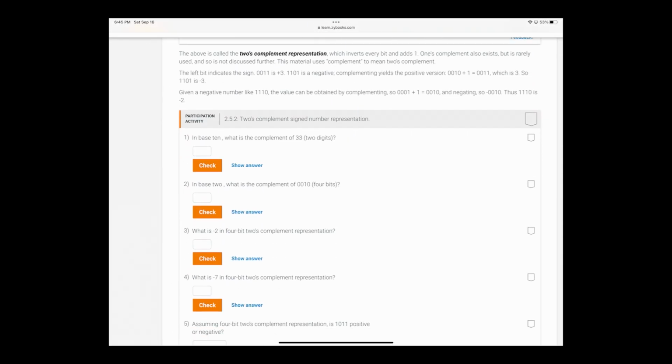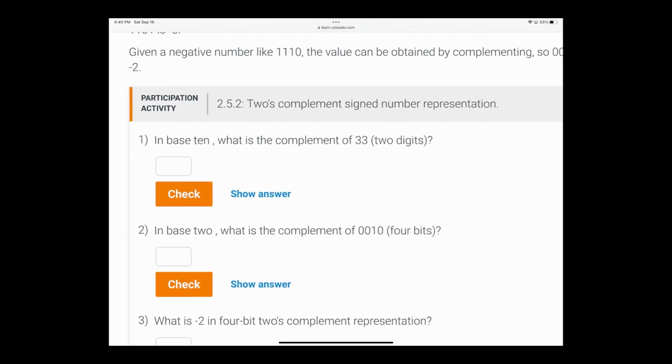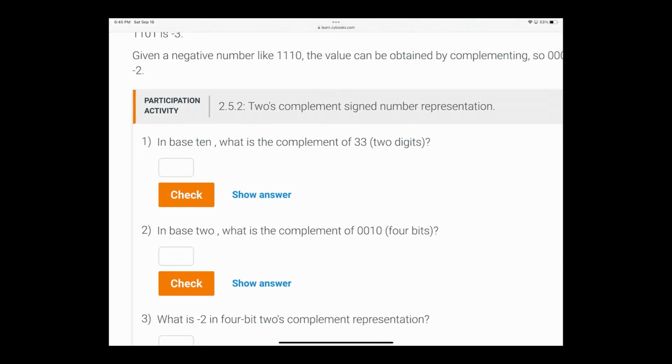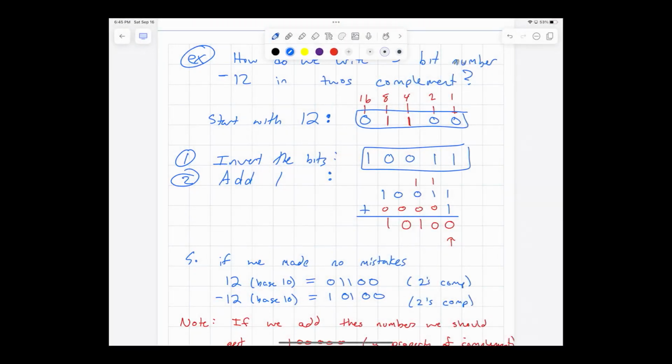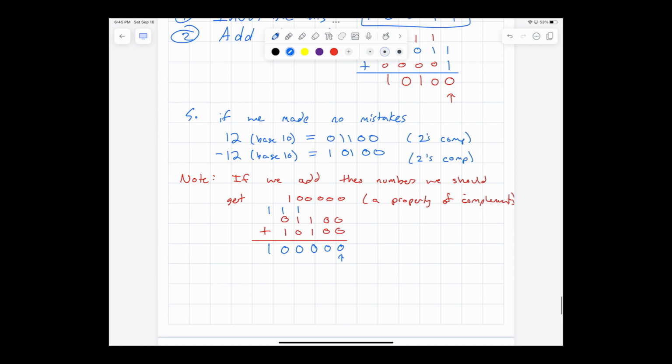Now, first of all, when they're talking about in base 10, what's the complement of 33? Well, if you think about it, what you're looking for there is the number that satisfies this property, right?